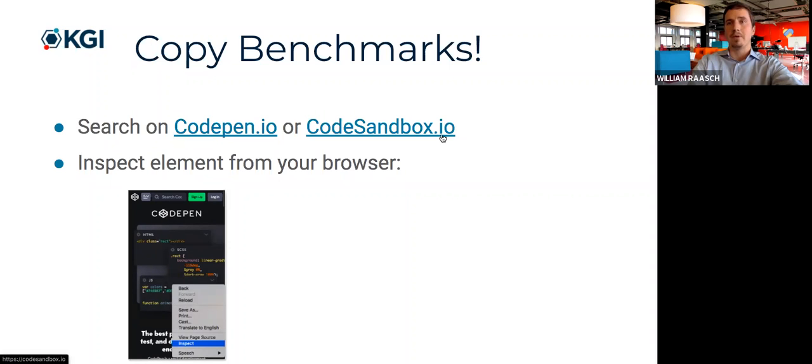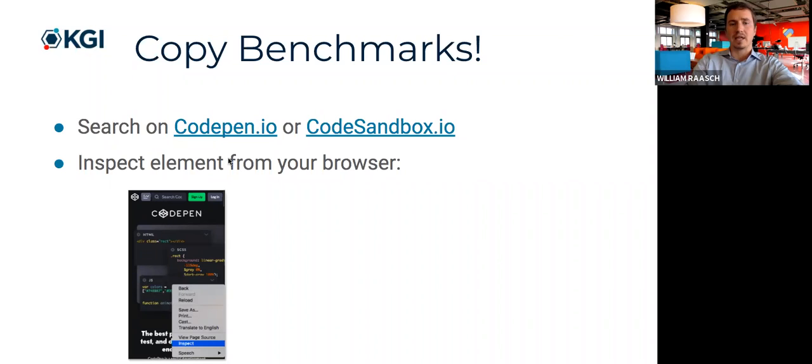I built that app that I showed you, the idea generator, on Code Sandbox. I also built it once on CodePen as well. These are really cool sites where people can just build very basic web pages and then share it with the community. And as they share it, the code behind those web pages is all there. So you can basically copy their code and then use that as your own.